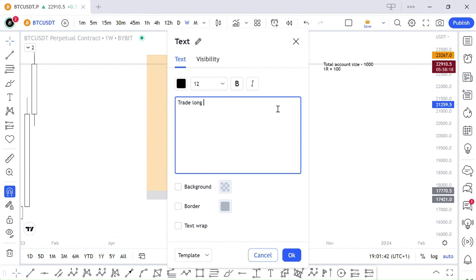Trade long, position size $500. 1 hour is $100, which is equal to 20% of the current position size.